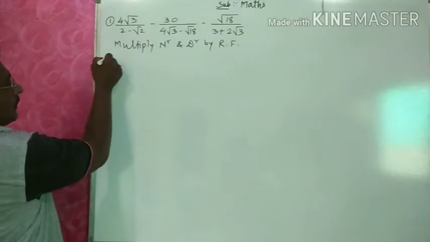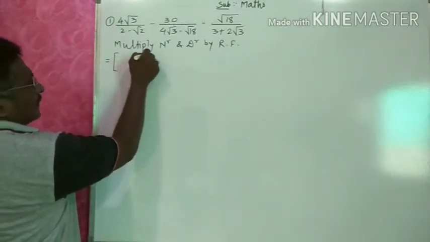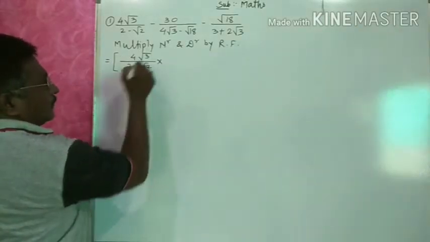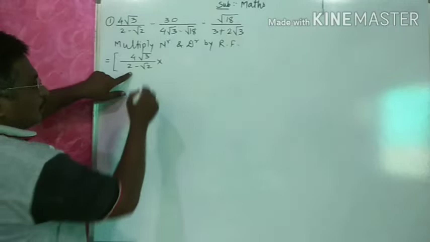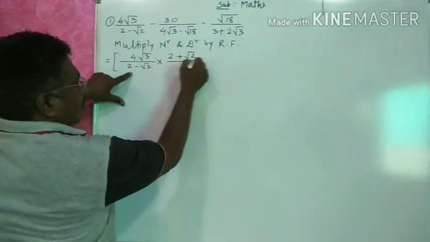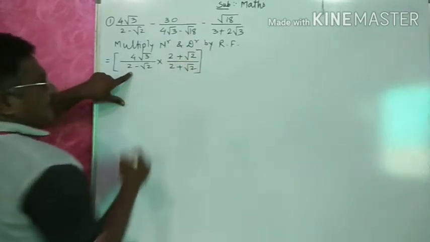So what has to be done here? First term: 4 root 3 by 2 minus root 2, into the rationalizing factor of this, 2 plus root 2 by 2 plus root 2. This is the first term.